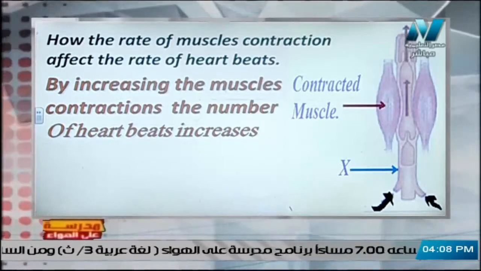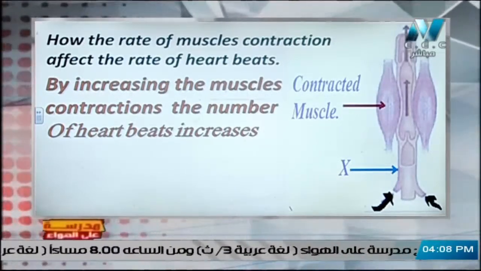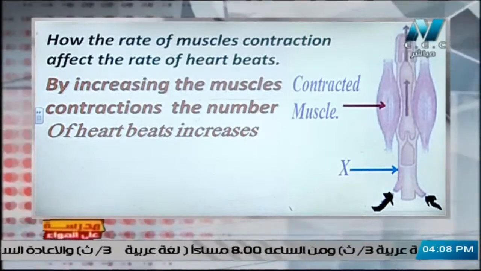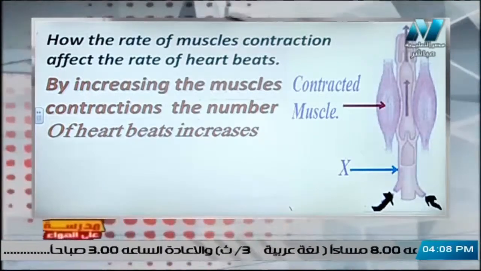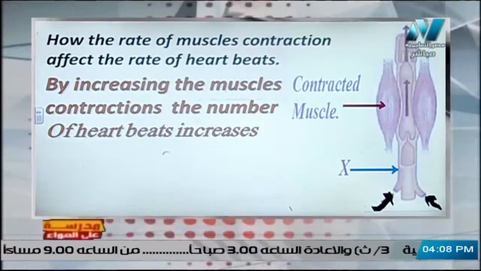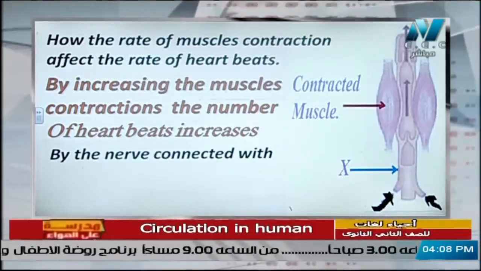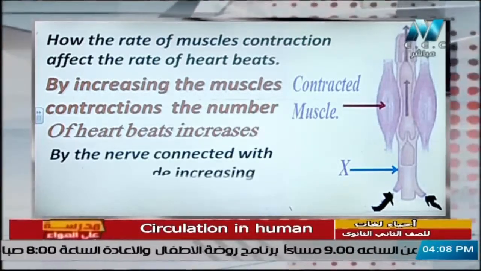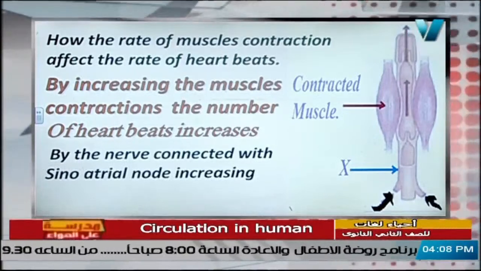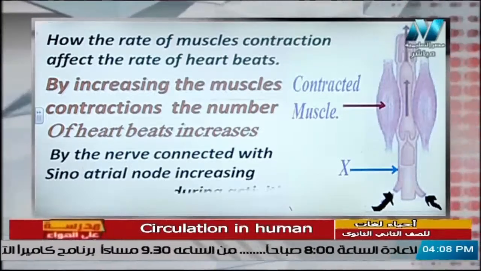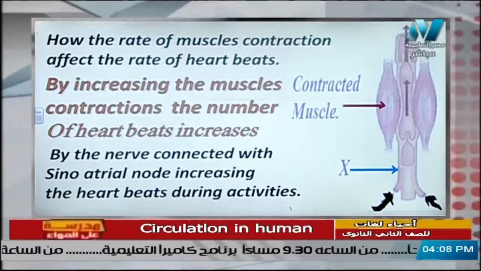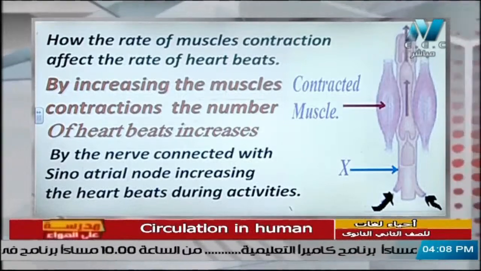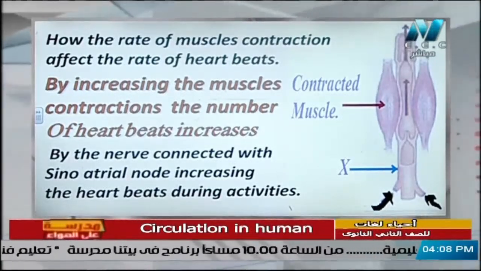Why? We know from this lesson the sinoatrial node as the pacemaker of the heart, as we see. The nerve connected with the sinoatrial node increases the heartbeat during activities, as we studied before, dear students.